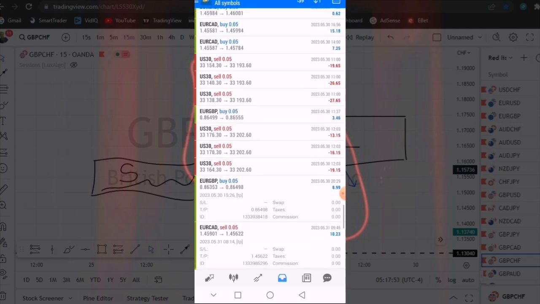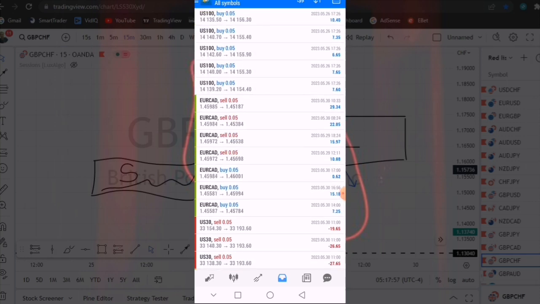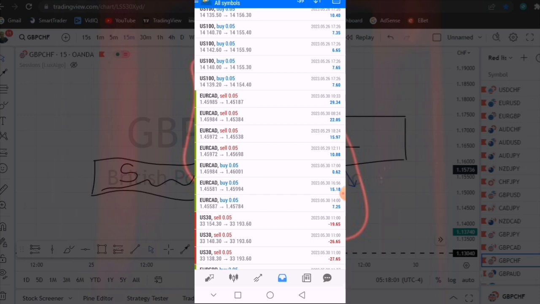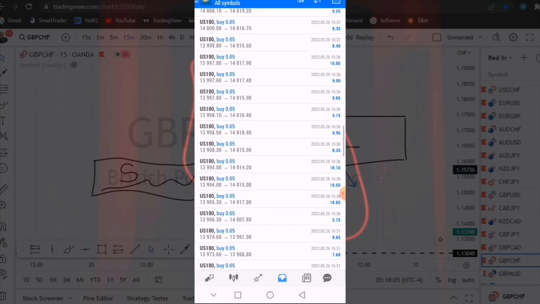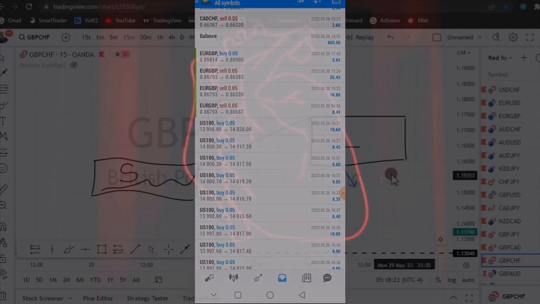It worked. Okay, see this, guys. Check this. It's EuroCAD. Right here, it's EuroCAD. You can see that it always works. US 100, I've already shared the trick. See this, guys, EuroGBP. It always works. So if you want it, just go to that Telegram channel. I'm going to tell you there what you have to do.